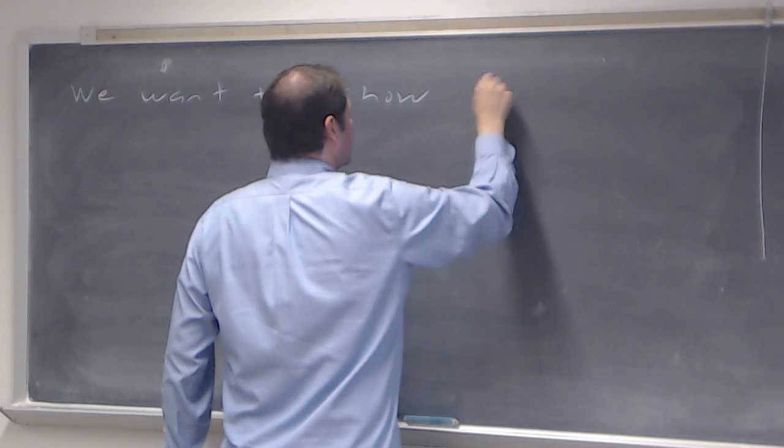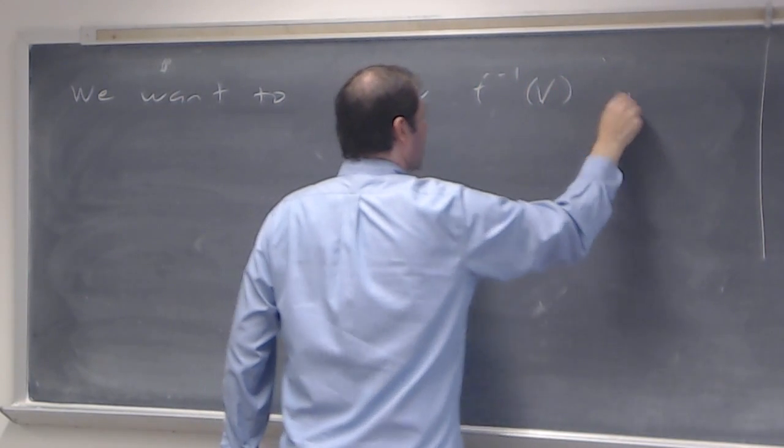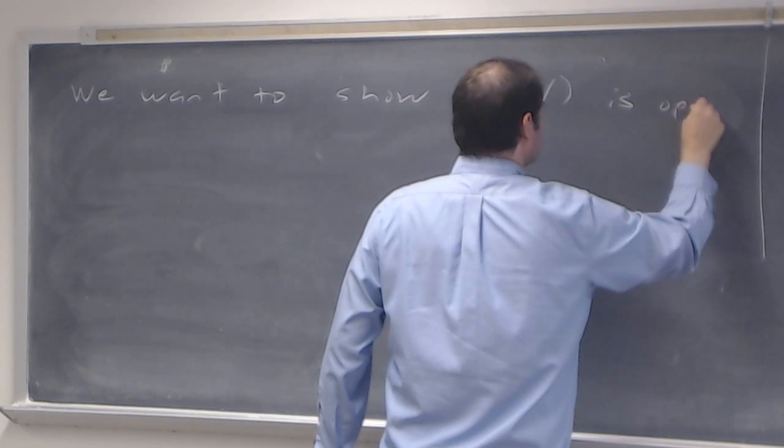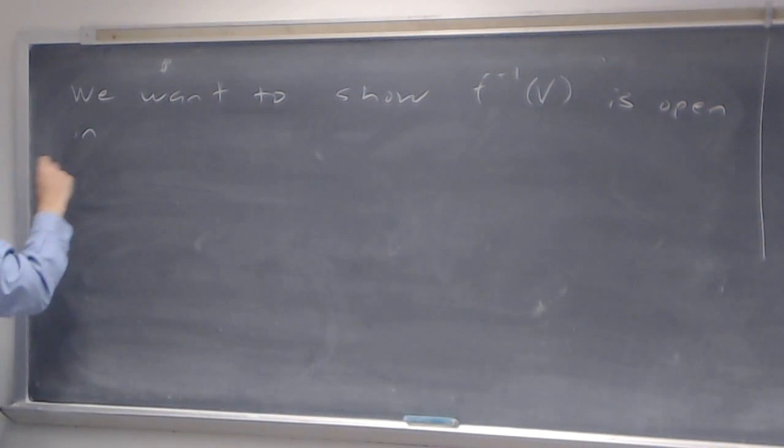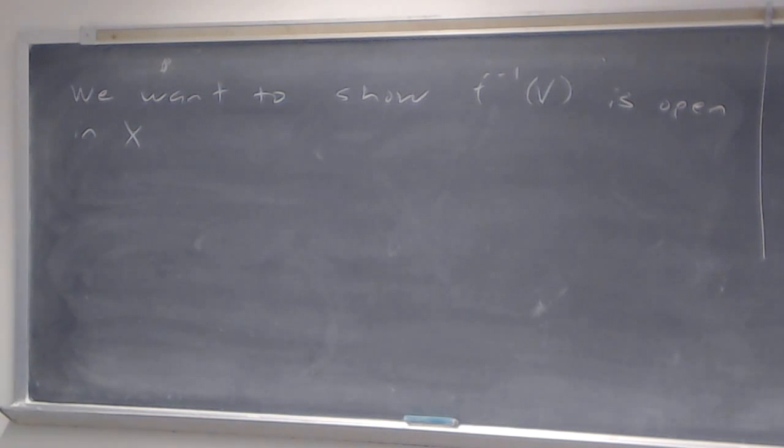We want to show that the inverse image of V is open in X. Okay. So how do we do this?